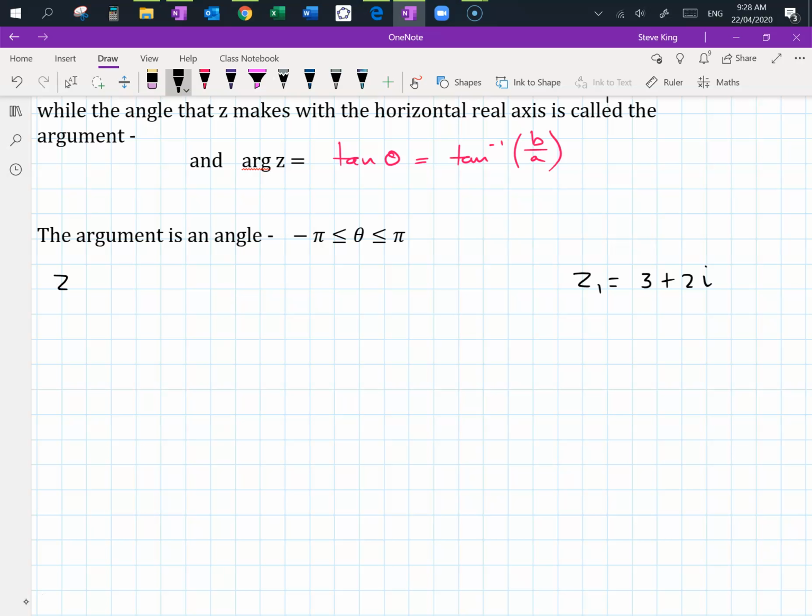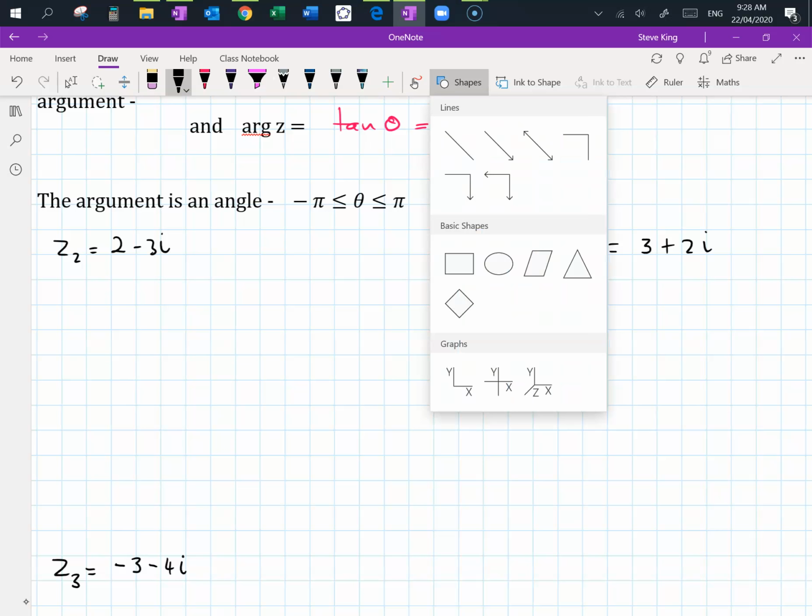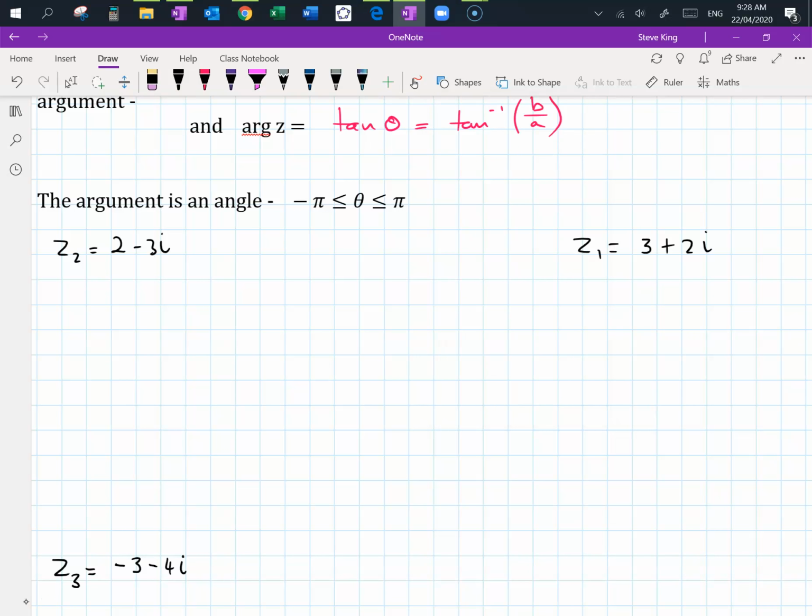I'll take the point z2 to be 2 minus 3i, and I'll take the point z3 as being minus 3 minus 4i. It would be useful to have a set of axes. So I'll just pop that in quickly.